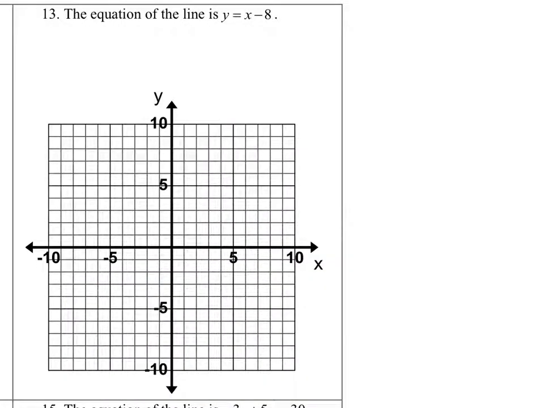For 13, do we have the y-intercept? Yes, we do. What is it? It's number 10. This one's y equals x minus 8. Well, yeah, we've got the y-intercept there at 0, negative 8. So 0, negative 8 is this point right here.